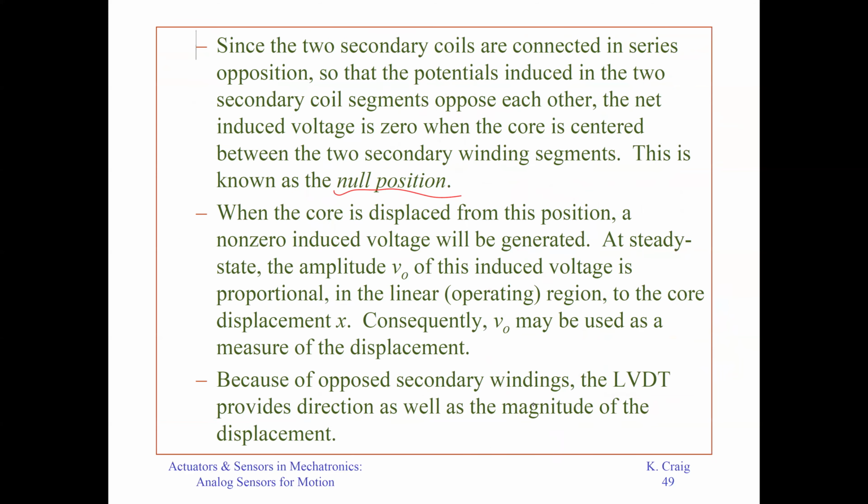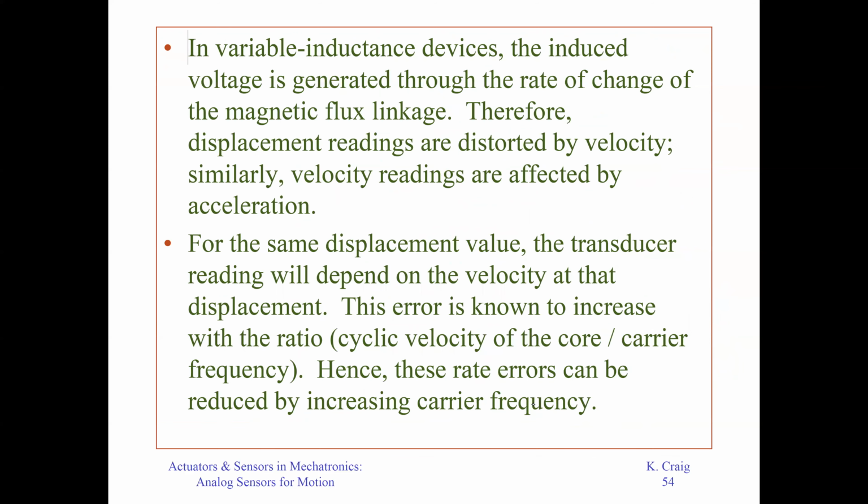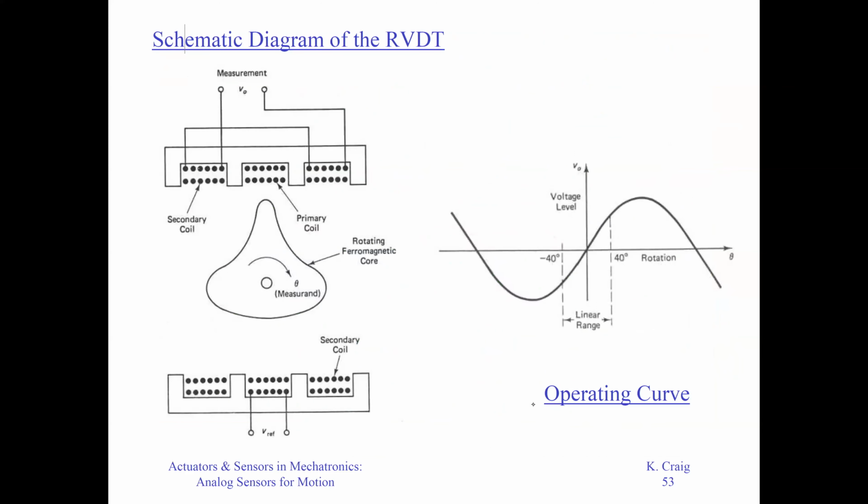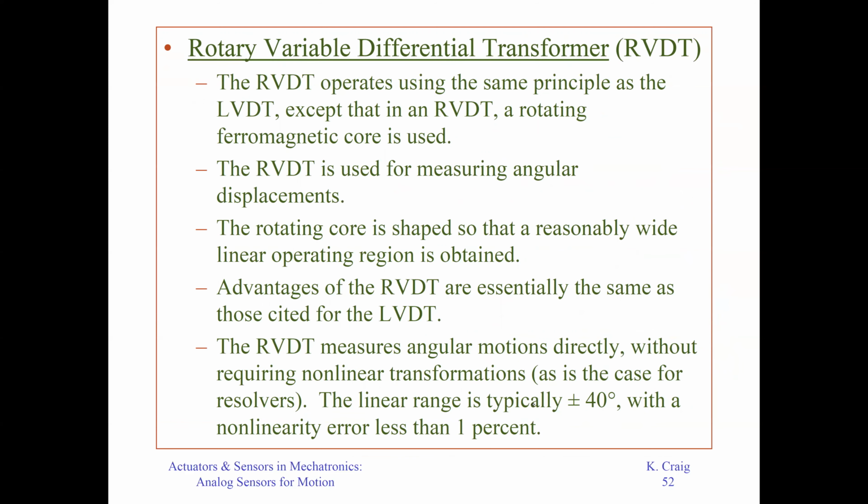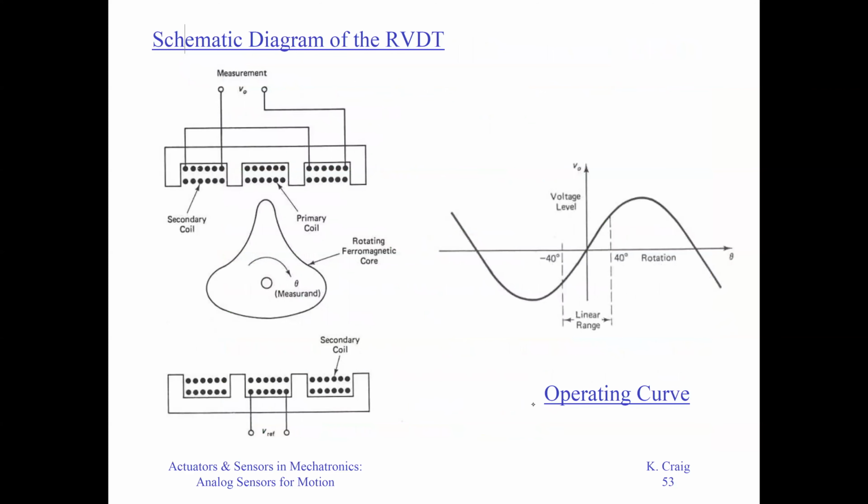But you can imagine we can have an RVDT, rotational. It's a similar idea. Let me show you. It is still a variable reluctance, and again you have to bear in mind that you always have a linearity range.